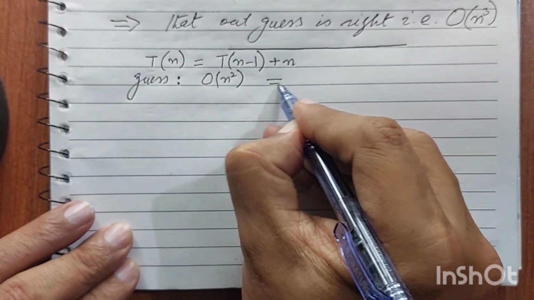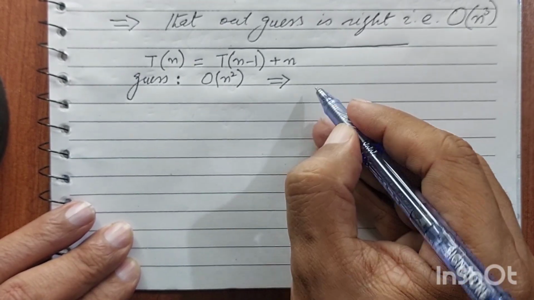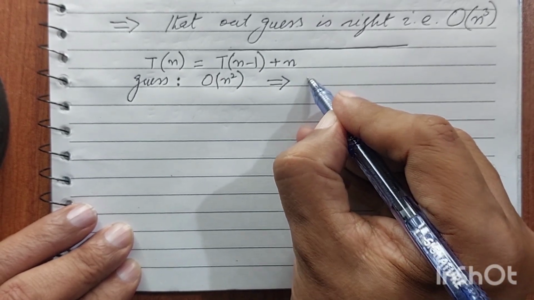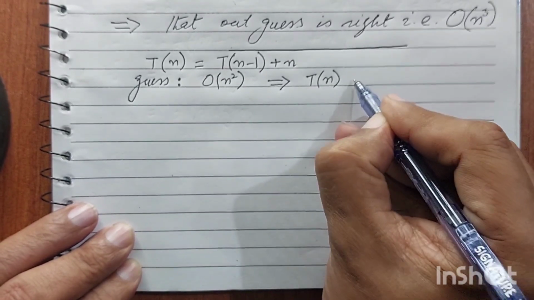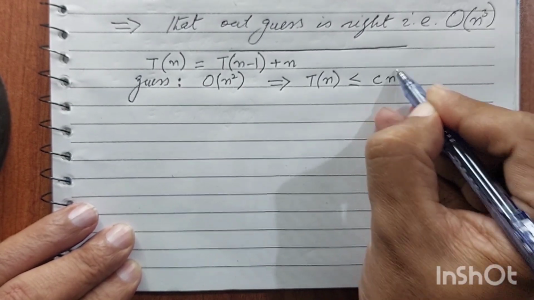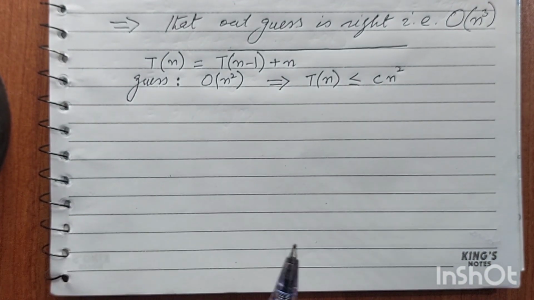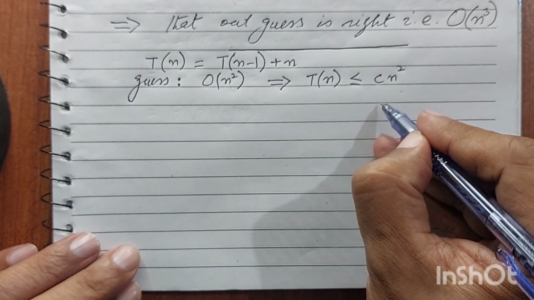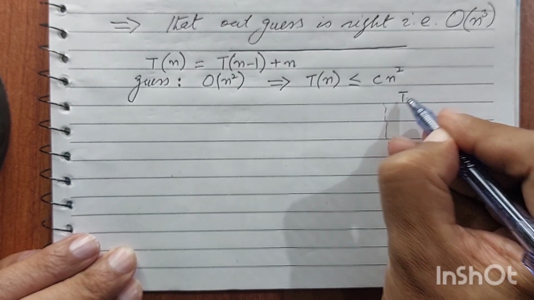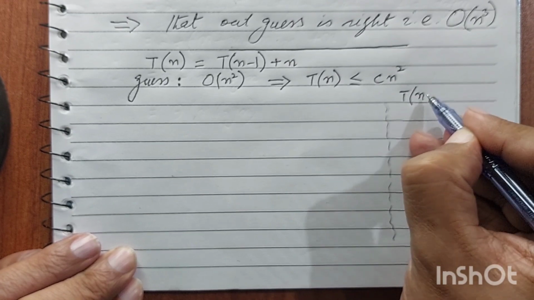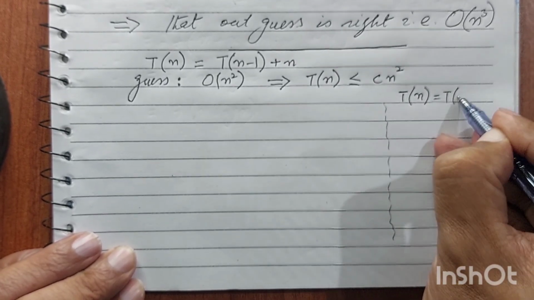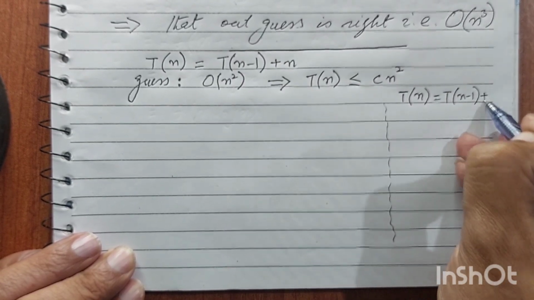Here what we need to prove is T of n is less than or equal to Cn square. We just do the rough work on this side. So this is T of n is equal to T of n minus 1 plus n.